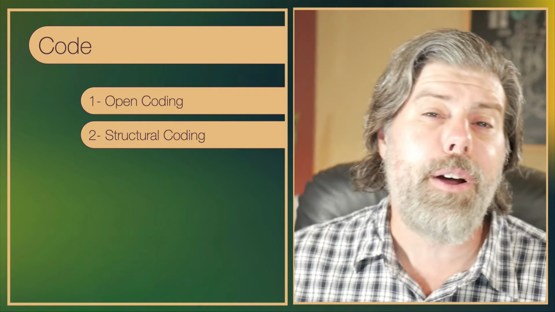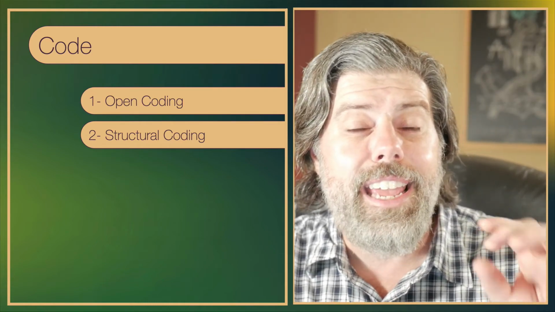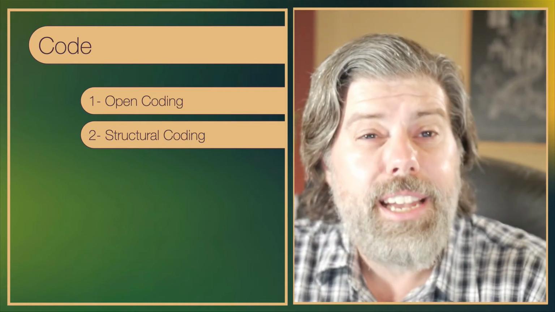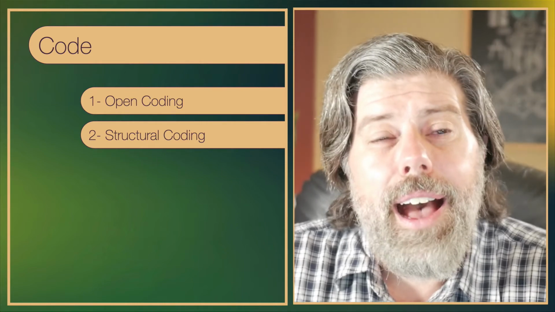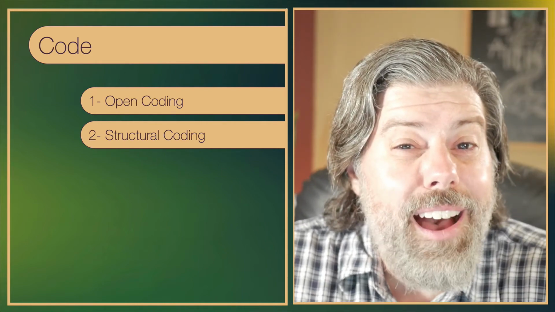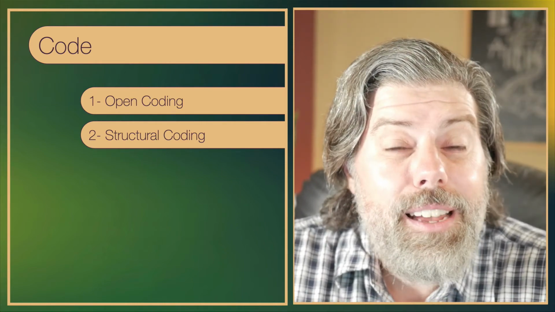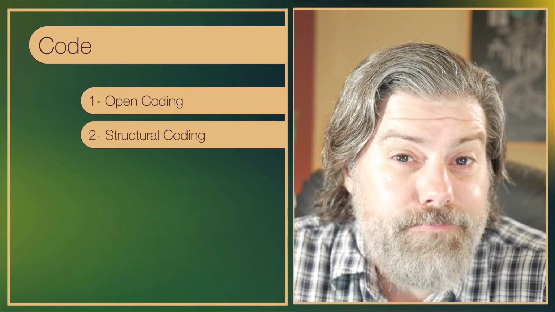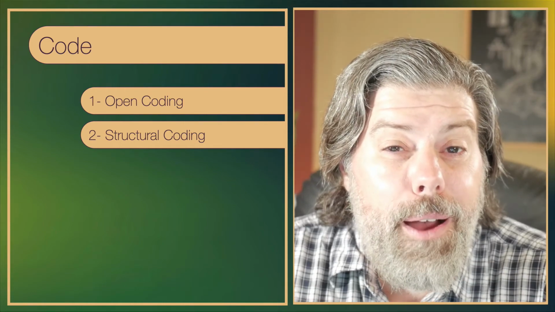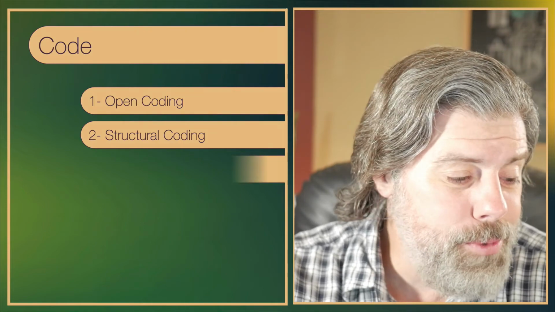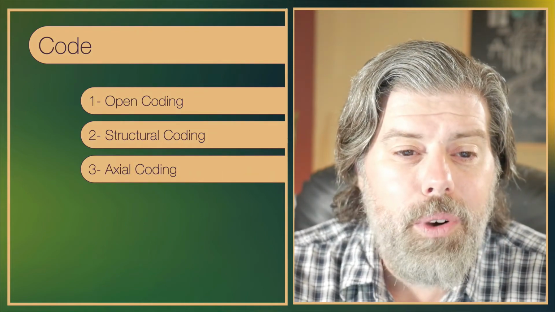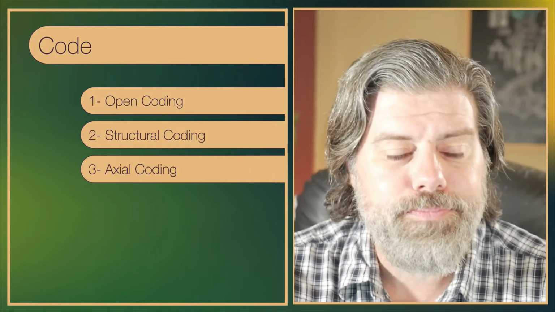So then I move from 5,000 individual codes to now I might come away with 300 different categories. And so from that, I begin to move into, that was called axial coding.